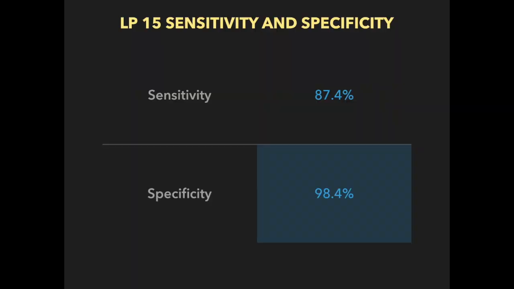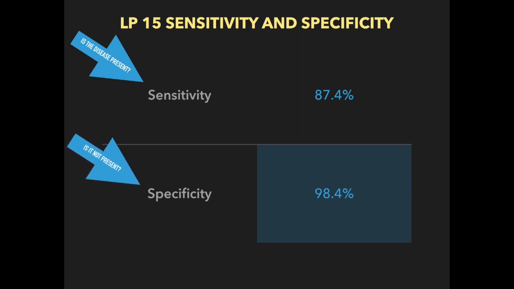So here is the sensitivity and specificity for the LifePak 15. The sensitivity asks, is the disease present? So if you obtain a 12 lead, what percentage or how often is the monitor likely to detect that the patient is having an MI? The specificity asks, is the disease not present?